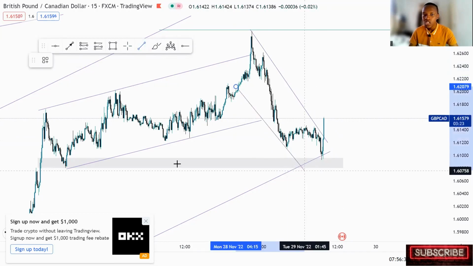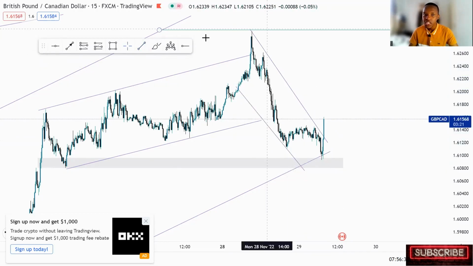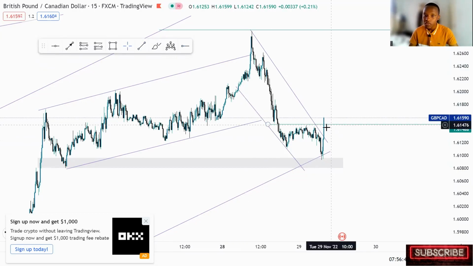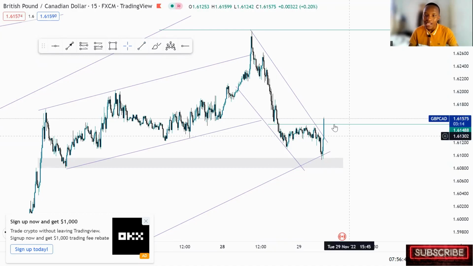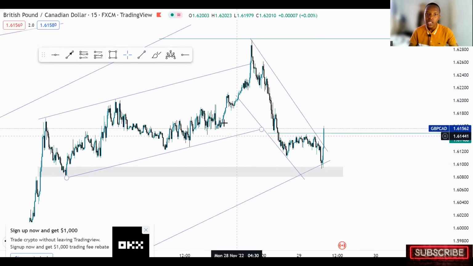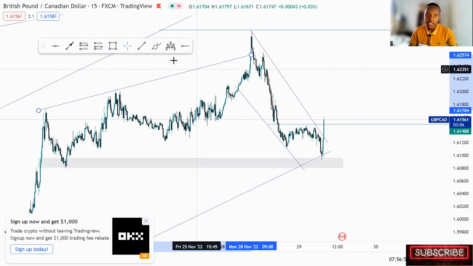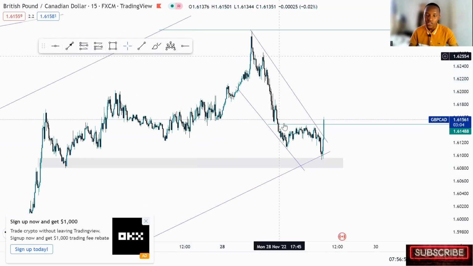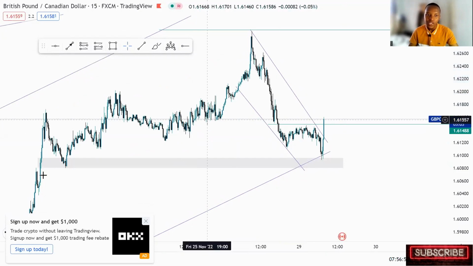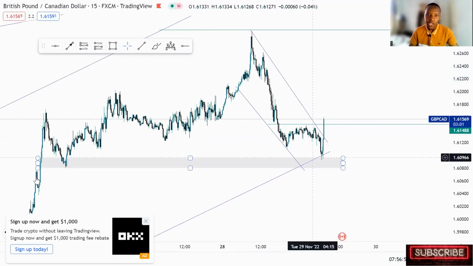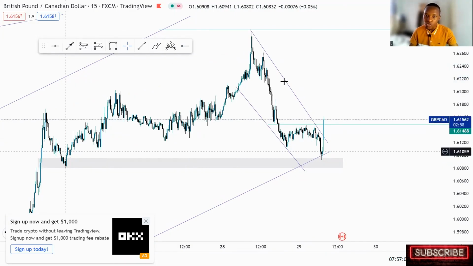This is also a correction, which is, if this is an impulse, then it's a correction. So maybe a retest here or a closing above could be an indication that GBPCAD indeed is going to go to the upside. So that's how you understand the price. Maybe we can now erase this and erase that, because this makes a lot of sense considering the fact that this was the support level, supporting trend line, impulse move, correction.